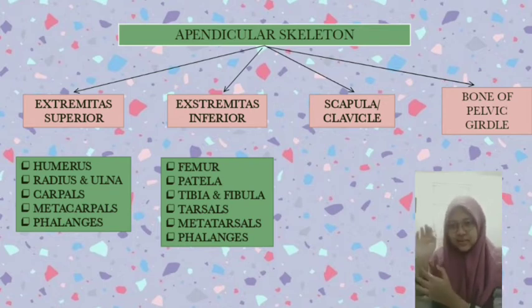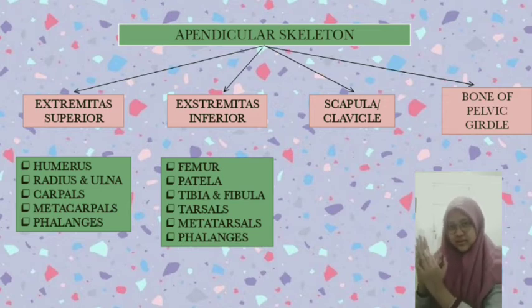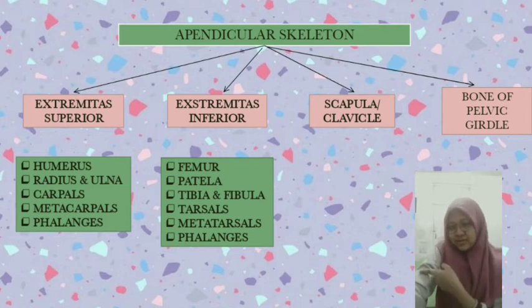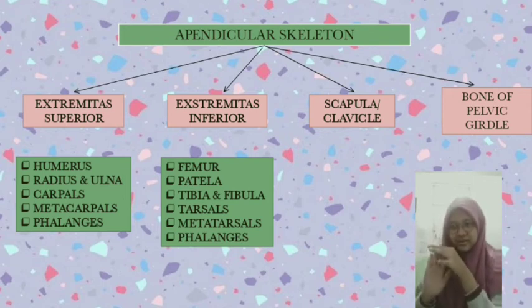Carpal, metacarpal, and this is phalanges. One more: humerus, radius, ulna, carpal, metacarpal, phalanges.